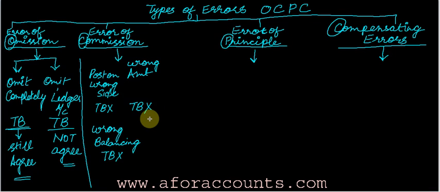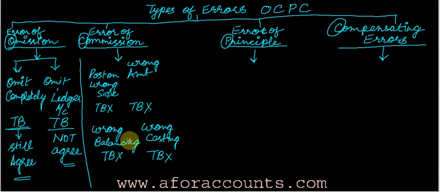And wrong casting, whether it is wrong posting or wrong casting of the subsidiary books, again my trial balance will not agree. So what are the situations when my trial balance will agree, although it is an error of commission? Writing the wrong amount in the subsidiary books.